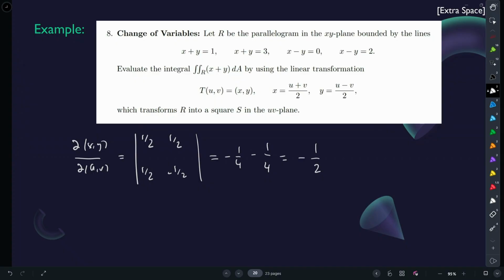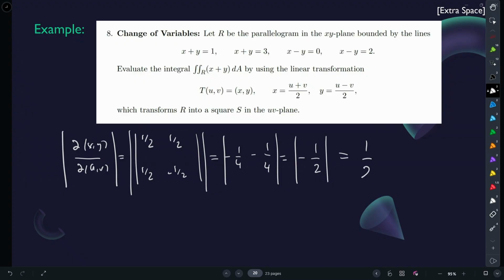In the formula, though, for the transformation, we use the absolute value of the Jacobian. So typically, you are going to do all of that work, but then put absolute values everywhere and use a half.